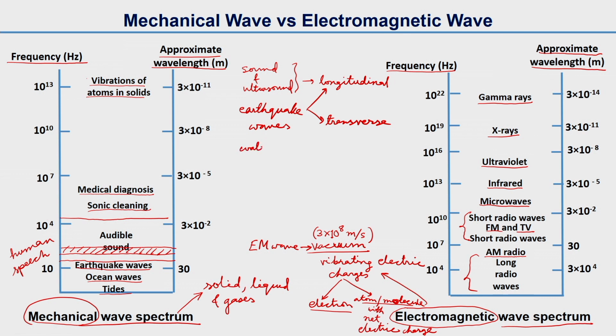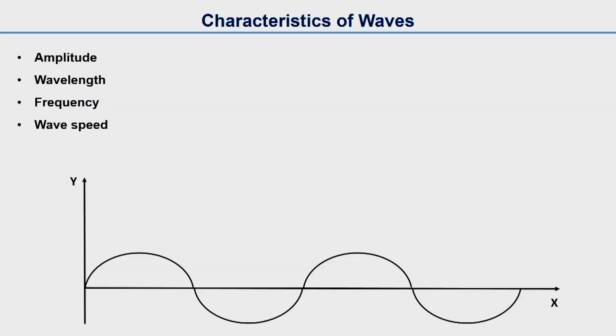Then water waves are generally transverse at the surface and longitudinal inside. So, we will talk about amplitude, wavelength and frequency.